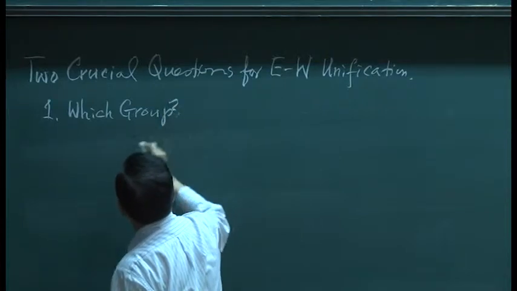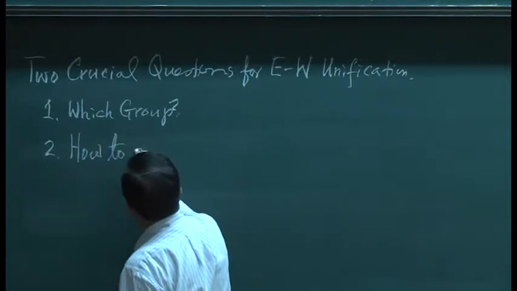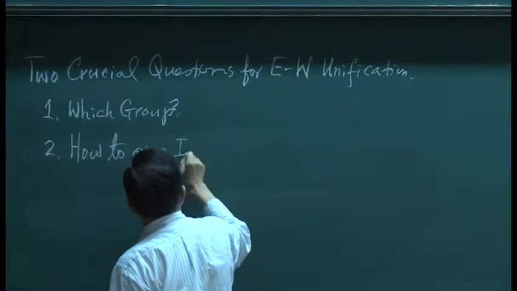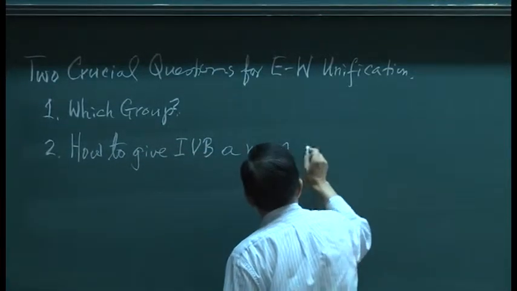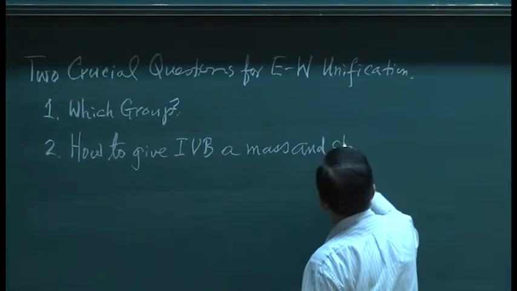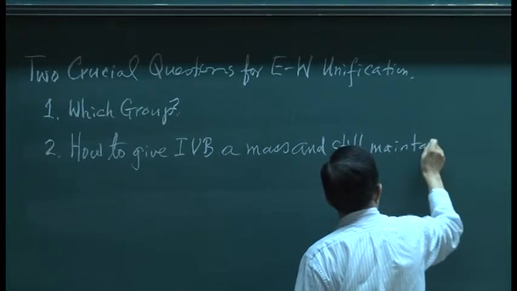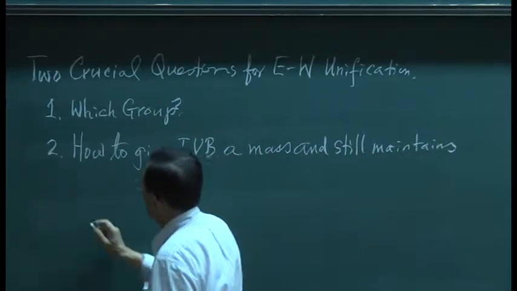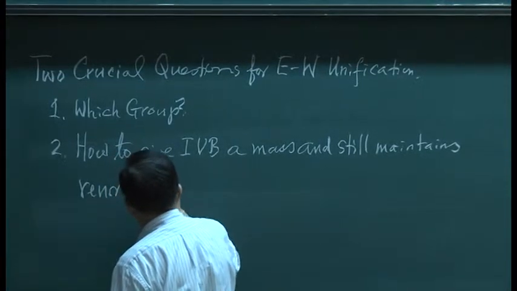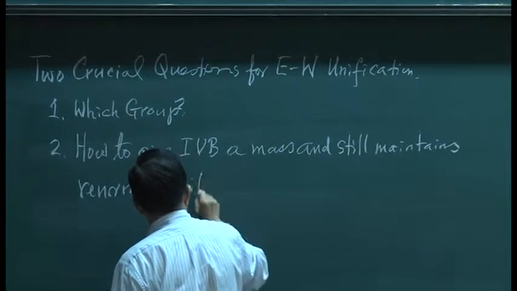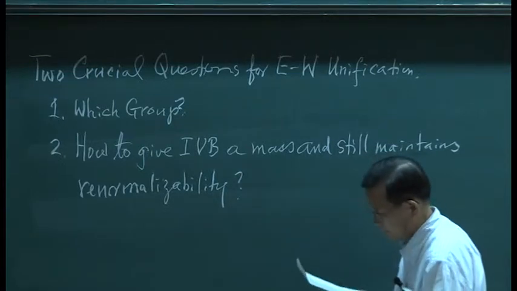And then second is how to give the intermediate vector boson a mass and still maintain renormalizability. Okay, so those are the 2 questions.